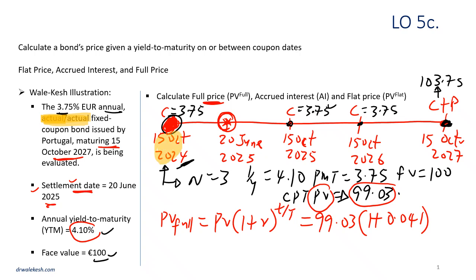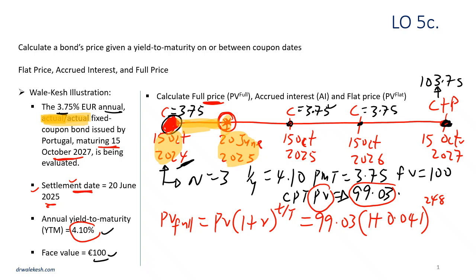From these dates, that's 15th of October 2024 to 20th of June 2025, how many days do we have? We've computed this in the past. We obviously have 248 days. But the capital letter T is the period between the coupon payments.